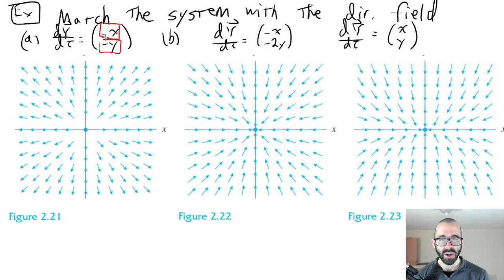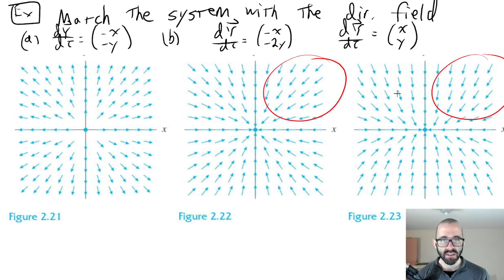The rate of change of y only depends on y. So lots of things that we could say for all of that. But specifically, if we're in the first quadrant, we should be decreasing in x and decreasing in y. So it can't be this. x and y are both increasing in here. It could be this, or it could be this.